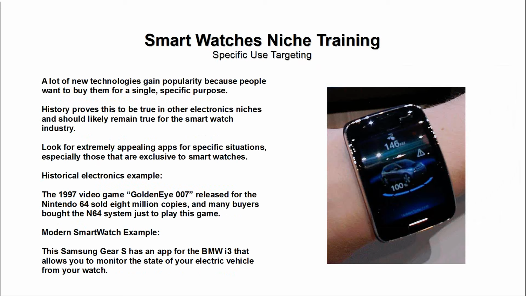You can tell how much of a charge you have left on it, how many miles you are still capable of driving on it. This kind of stuff, for somebody that has already put down an enormous amount of money to buy this new BMW i3 electric or hybrid vehicle, whichever it may be, something like a smartwatch purchase to go along with that is really going to be a drop in the bucket compared to their other purchase.